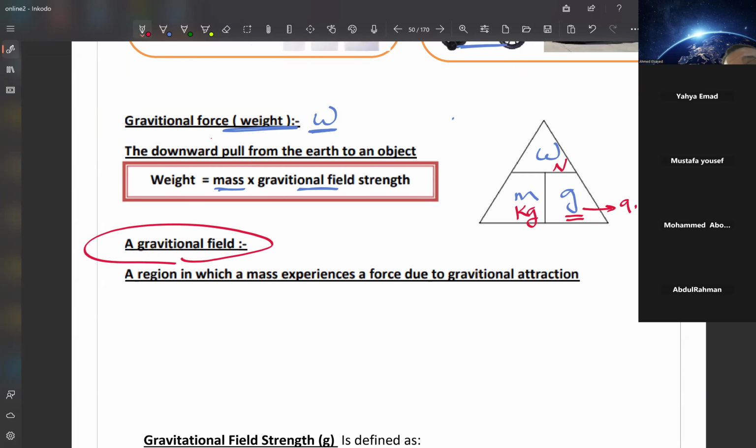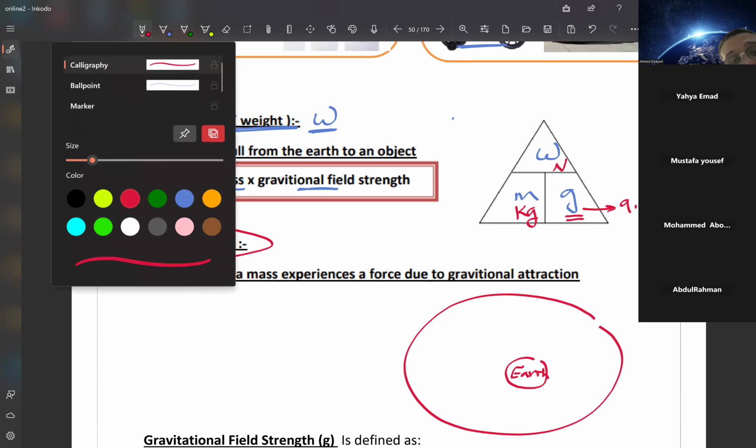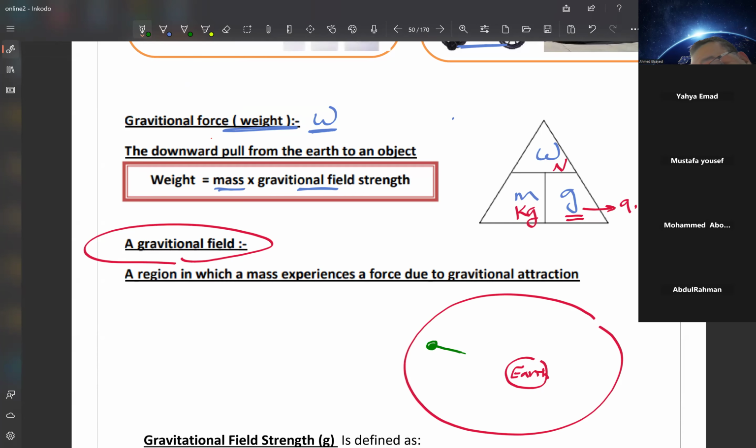Gravitational field is the region in which mass experiences a force due to a gravitational attraction. For example, if this is the Earth and this is the gravitational field, what does it mean? It means any object inside this region is affected by a force of attraction from Earth.